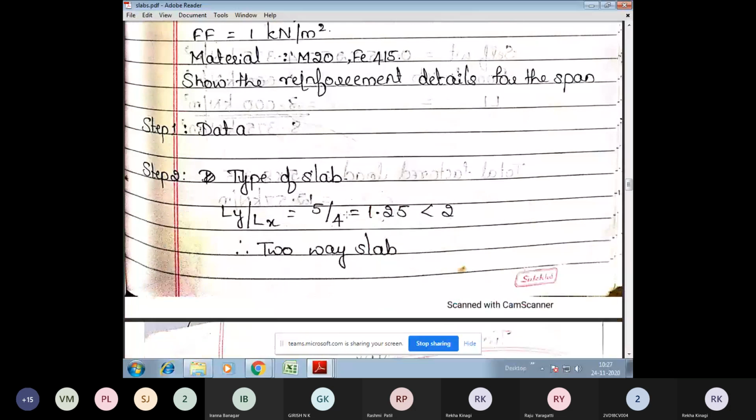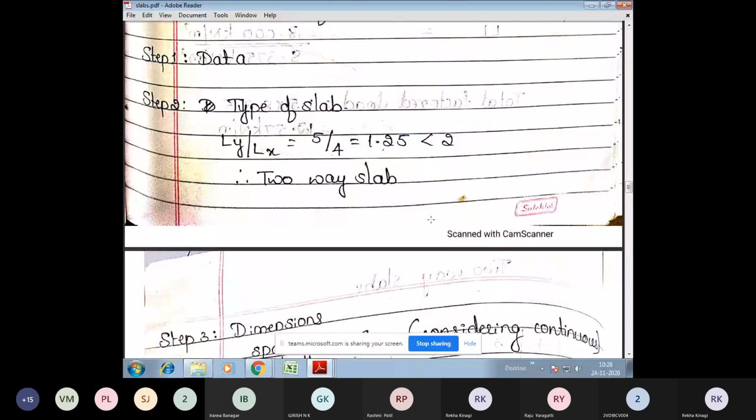So in order to decide the type of slab, we'll get the ratio Ly by Lx is equal to 5 by 4 is equal to 1.25. And this 1.25 is less than 2. If the ratio of Ly by Lx is less than or equal to 2, we need to design it as a two-way slab. So we can decide that it is a two-way slab.